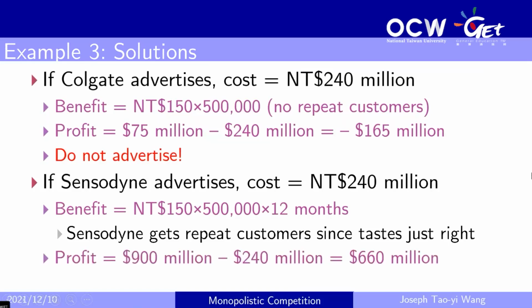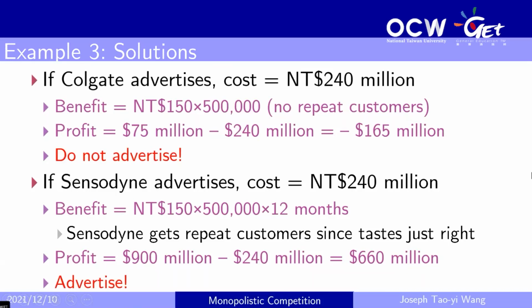That's 900 million dollars in revenue, minus the advertising cost of $240 million. So Sensodyne is making $660 million. Of course Sensodyne should advertise. Of course, this is a very simplified example, with no marginal cost, but you get the idea.